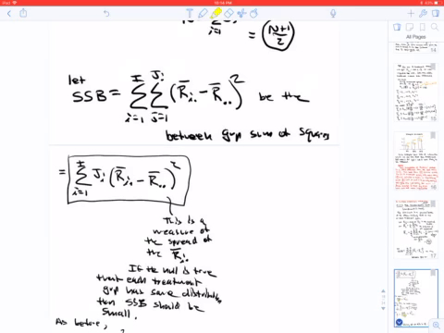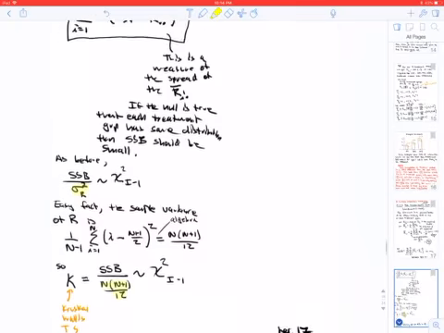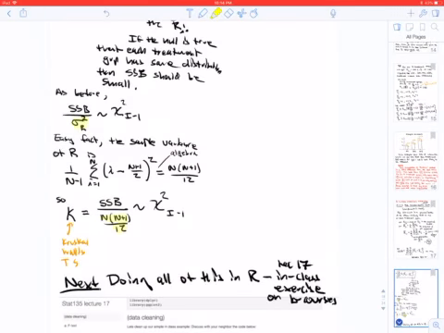But SSB can't really be a test statistic because it doesn't have a known distribution. But SSB over sigma squared R, the variance of ranks, that is chi squared with I minus 1 degrees of freedom.